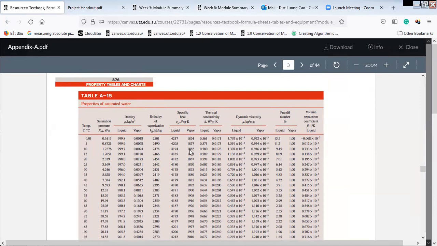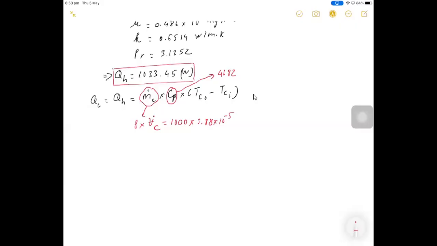And after that I will double check. I can double check later. So I assume this one is 4182 joule per kilogram Kelvin, and I will double check this one later.